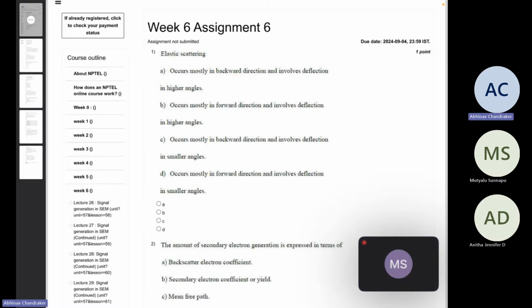Actually, it is asked which will be most frequent. So the correct answer should be D, forward direction and deflection at smaller angles.